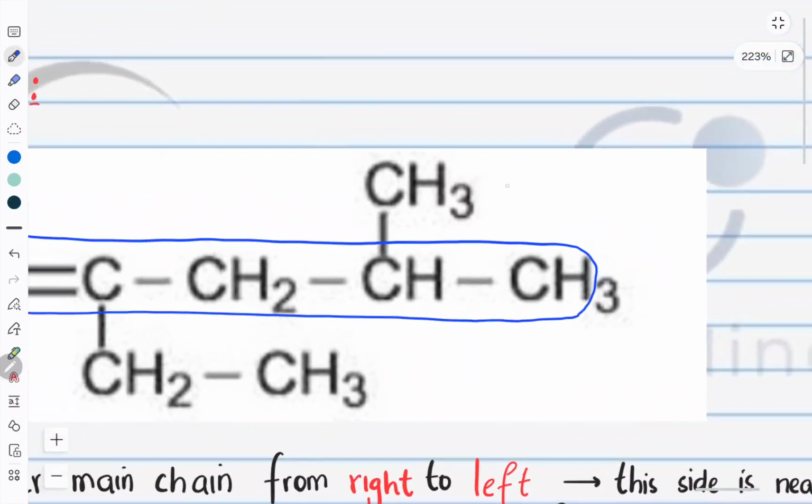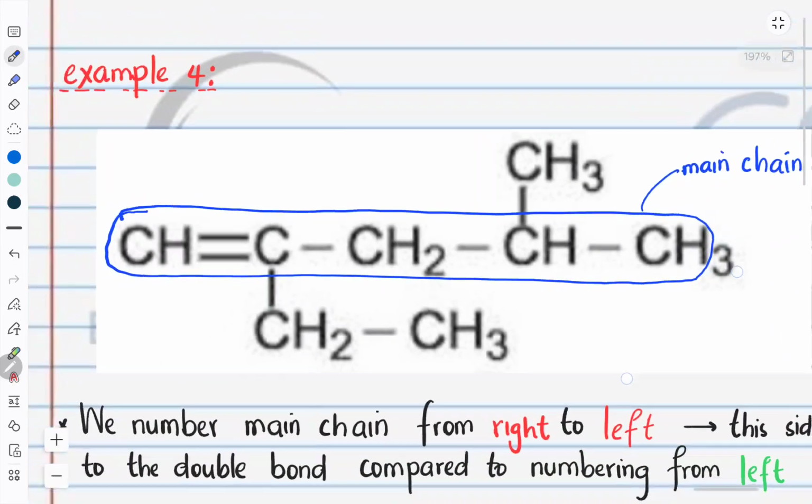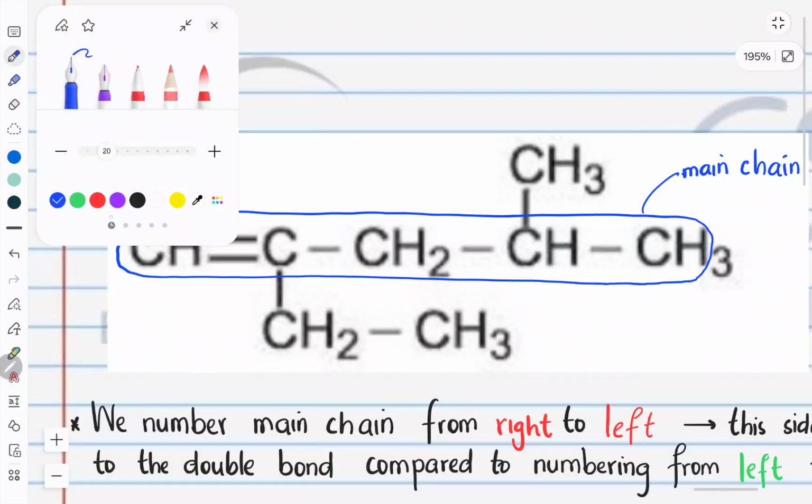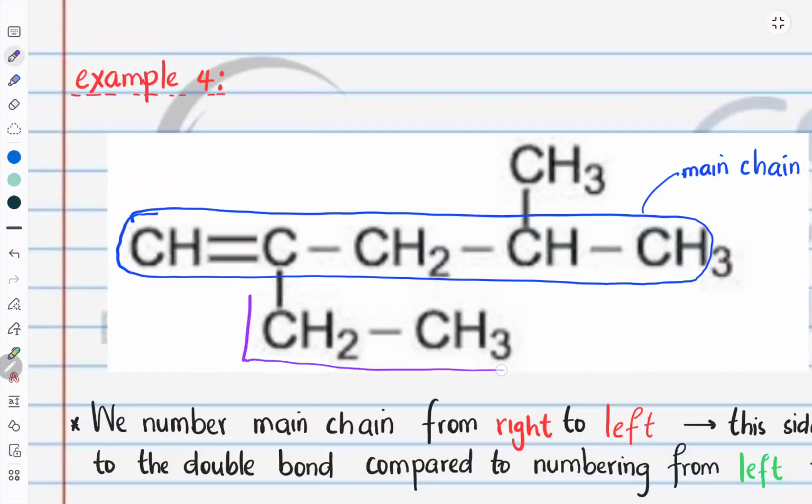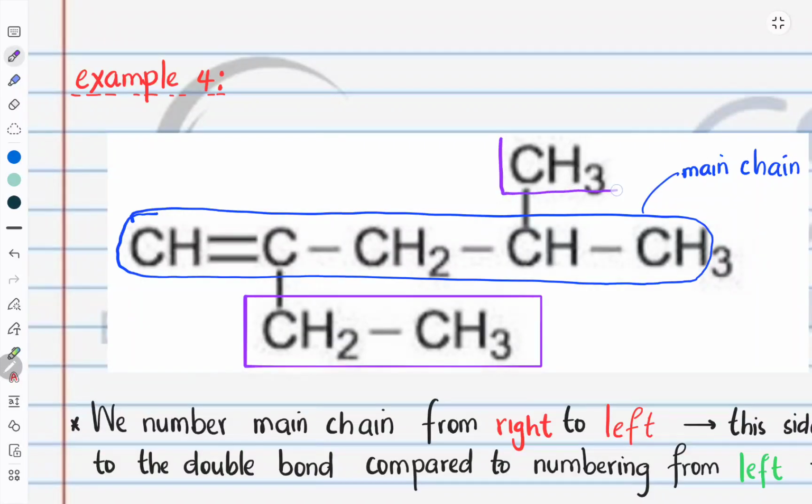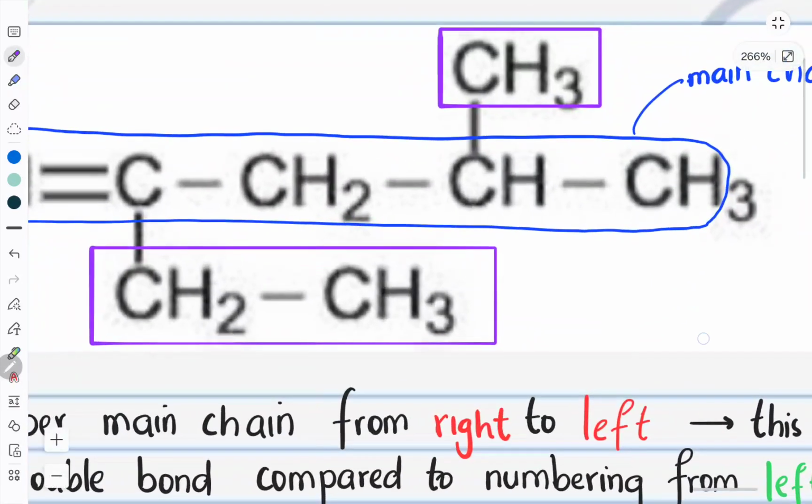Right? So this is our main chain. Okay, now we have our alkyl groups. This is alkyl group number 1. And this is alkyl group number 2, or substituent number 2, or a branch number 2.